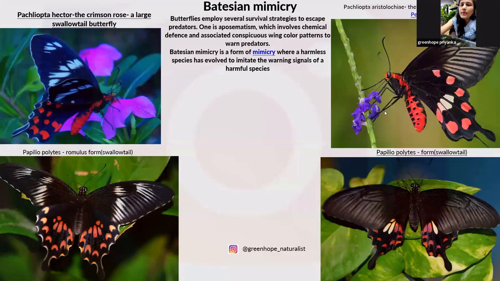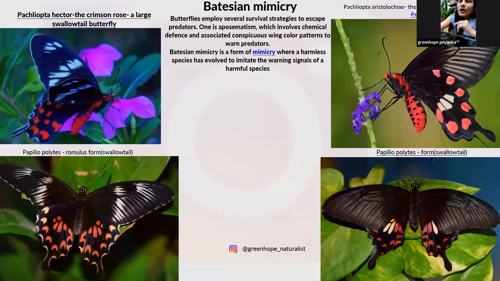So now we will talk about the other mimicry very fast. On top, on both sides, are the poisonous butterflies, crimson rose and common rose. The first one is the crimson rose and the second one is the common rose. You can see the dark color on their wings, and even their bodies are red. But at the bottom, both are common Mormon butterflies, and both have the mimicking wing pattern.